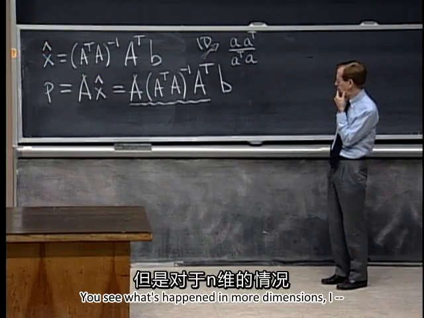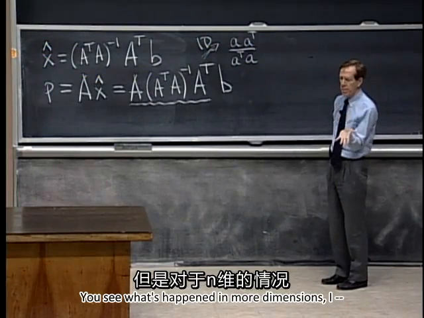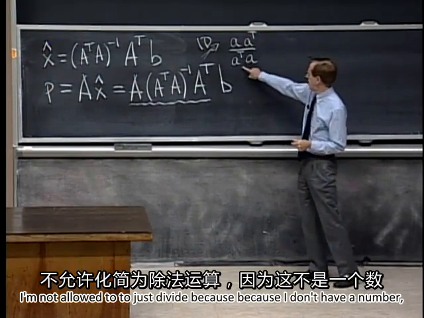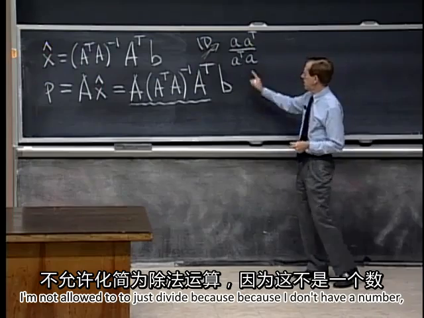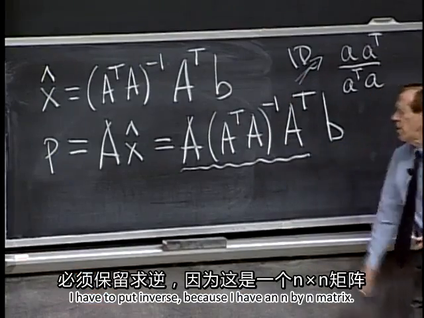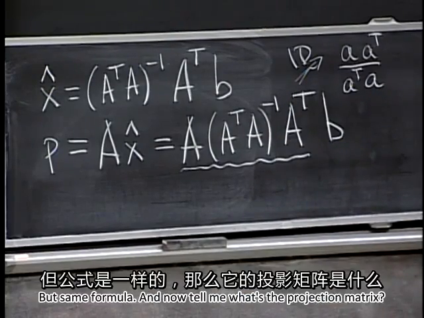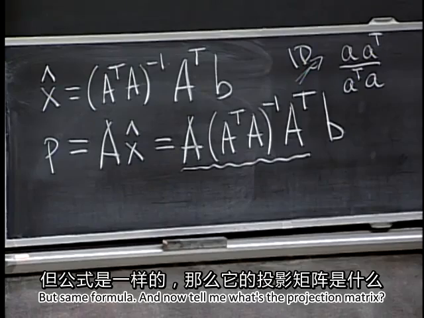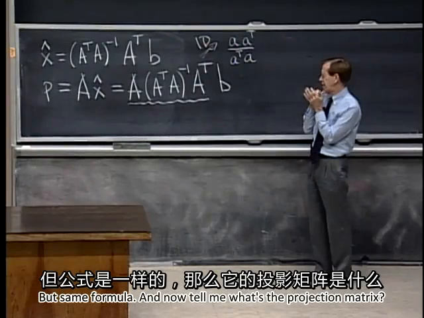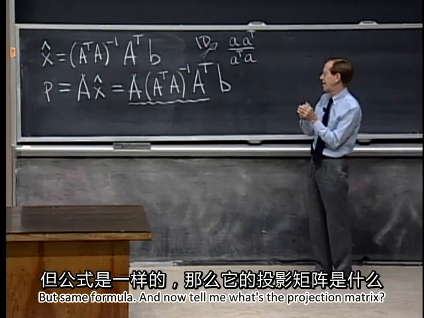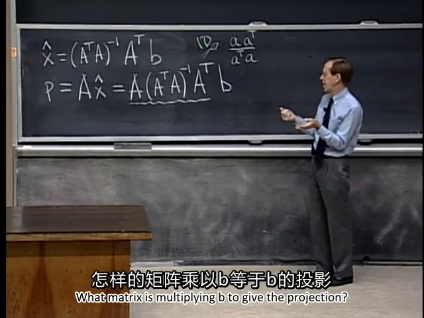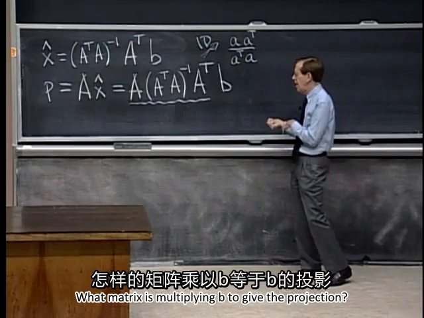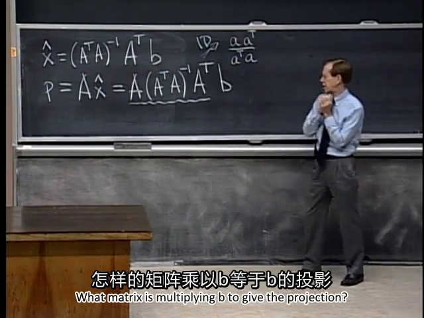You see what's happened in more dimensions. I'm not allowed to just divide because I don't have a number. I have to put inverse because I have an n by n matrix. But same formula. And now tell me, what's the projection matrix? What matrix is multiplying B to give the projection?